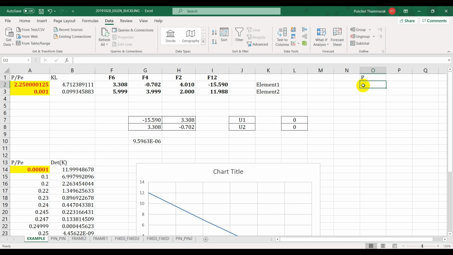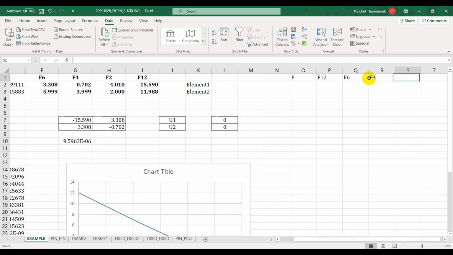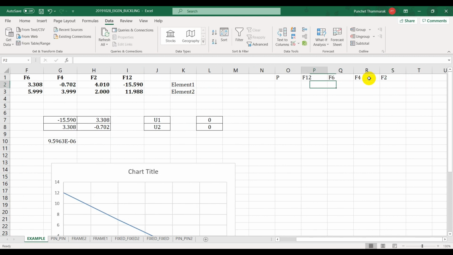So if we use another approach instead of the stability function, we try the geometric stiffness matrix. I will have F12, F6, F4, and F2.